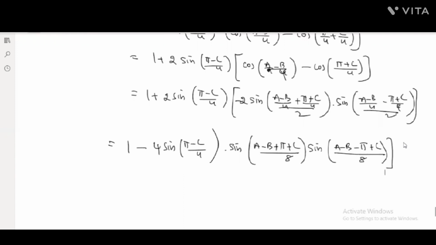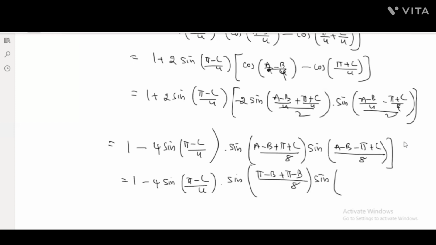So this is what we'll get here. This is equal to 1 minus 4 sine pi minus c by 4 into sine of. So here a plus c we can write pi minus b. Already we have plus pi minus b by 8. Sine of here we have a plus c, right? So a plus c we have.